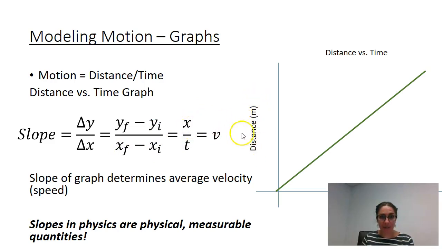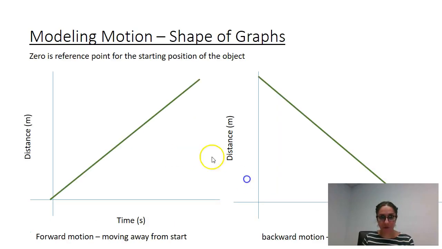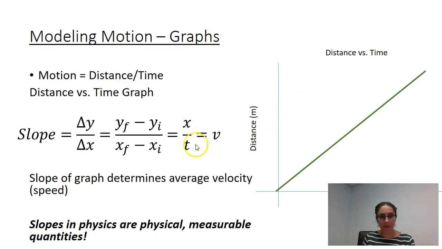This x doesn't correspond to x on a graph, I know that's a little misleading, but this is the change in distance, and the x measurement of this graph is, in fact, t. So the change in the rise over the change in the run is, by definition, the velocity of an object.